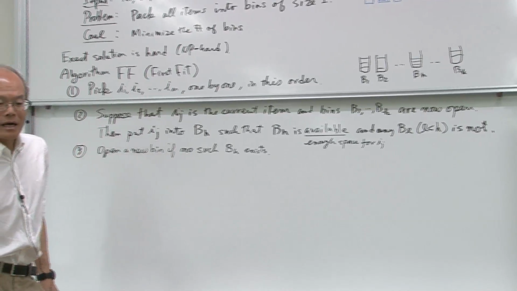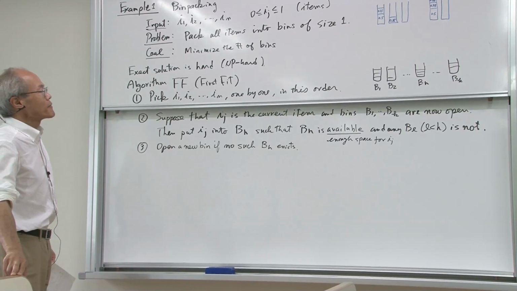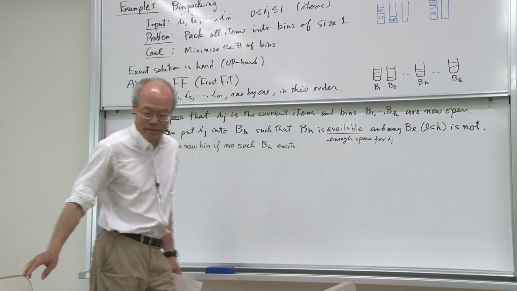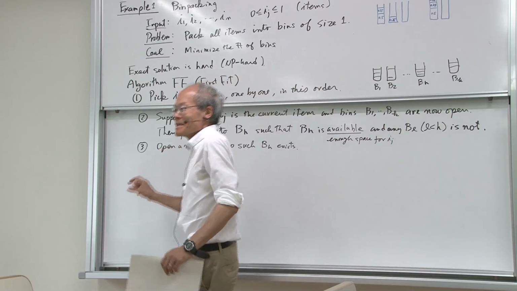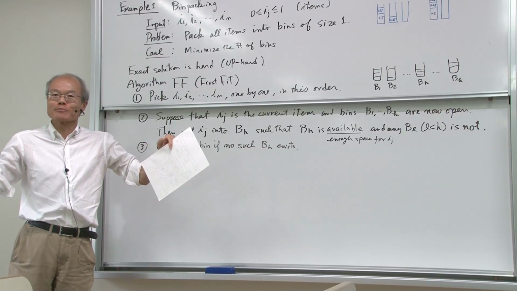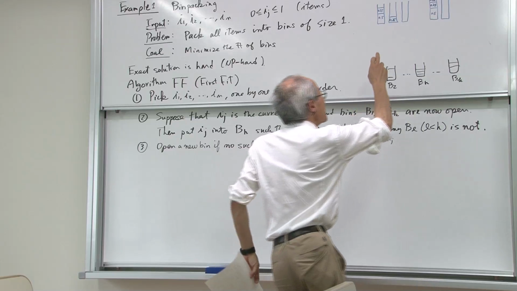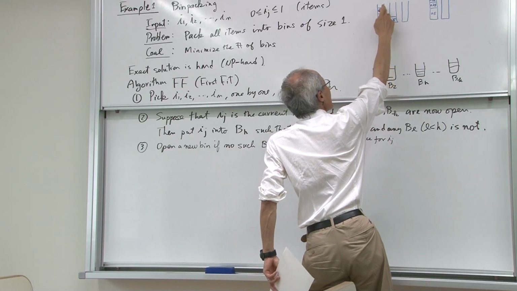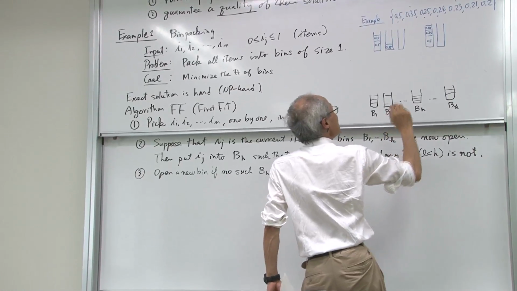We have one important assumption. This is quite obvious, but each item cannot be divided into 2 or more small parts. That's exactly what happens here. If you put 0.5 and 0.3, then the remaining space is 0.15.